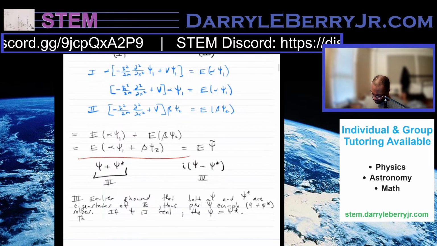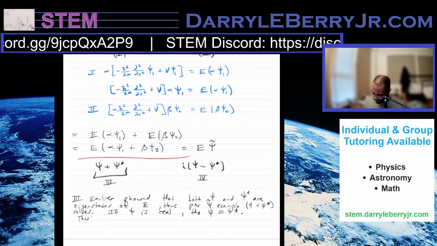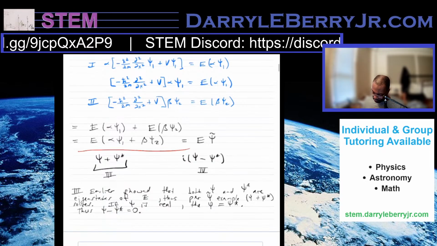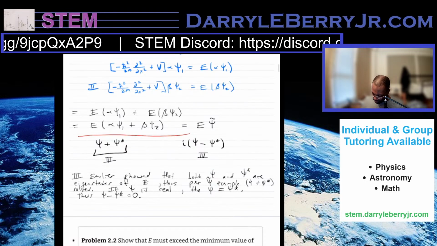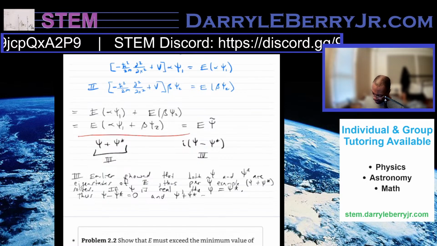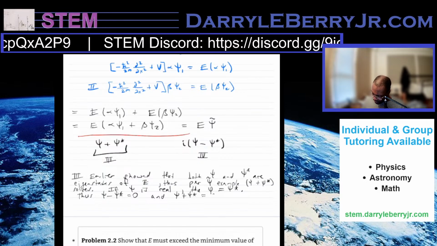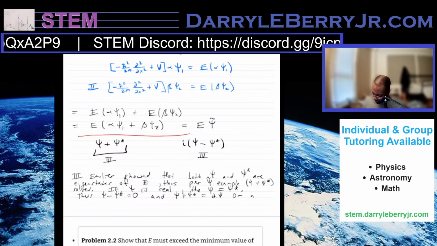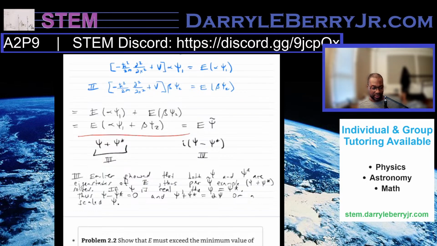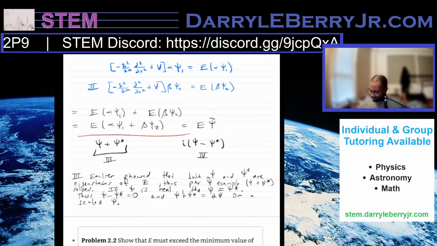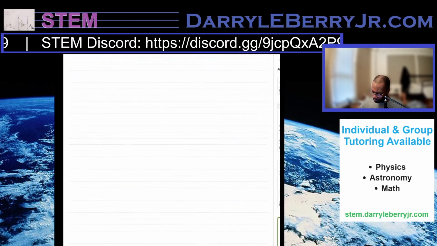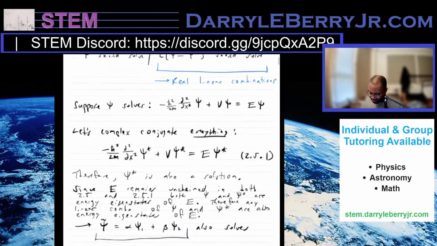Thus, psi minus psi star equals 0. And psi plus psi star equals 2 psi, or a scaled psi. Because if it's real, then the complex conjugate will equal psi itself, right? So I move on to C.